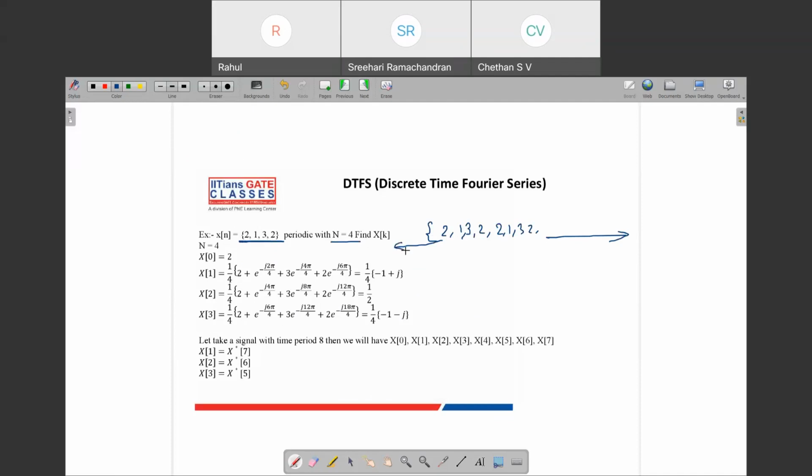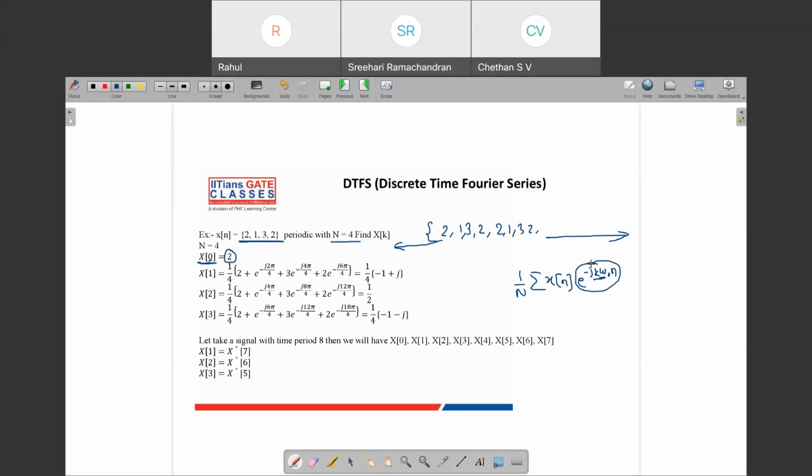Now let's say we want to find out the Fourier series for this case. We will use that formula, 1 by capital N times the summation of x of n e to the power minus j k omega naught n. Capital N is 4, so 1 by 4. Now for X of 0, it will be simply the summation of all these terms divided by 4, which will give me 2, because for X of 0 you make k equal to 0, and this complete exponential thing will become 1.